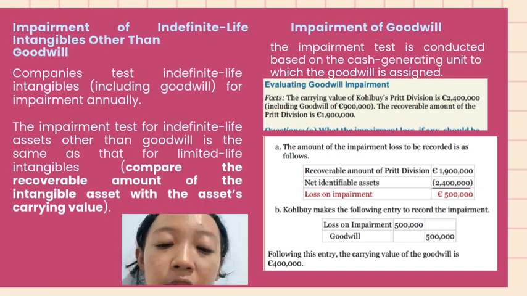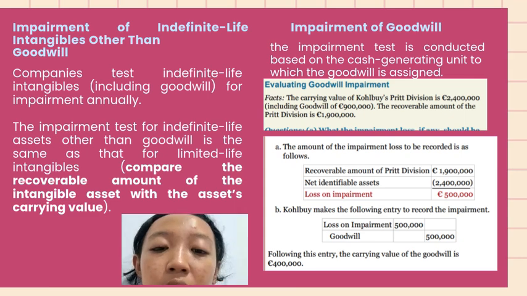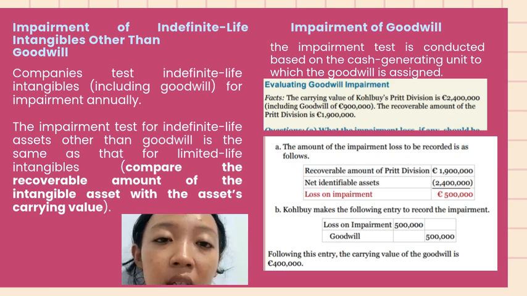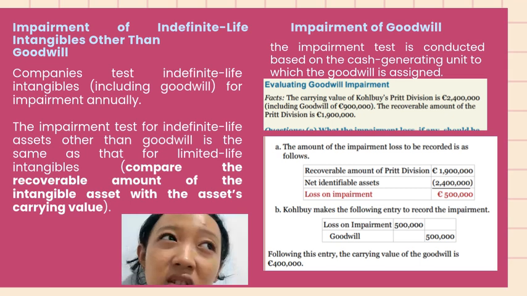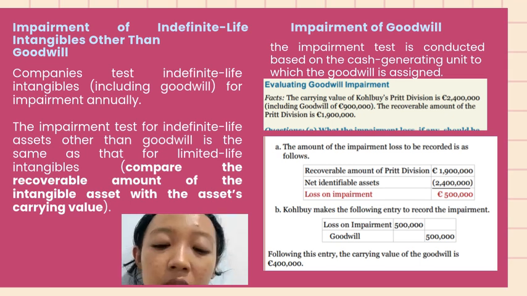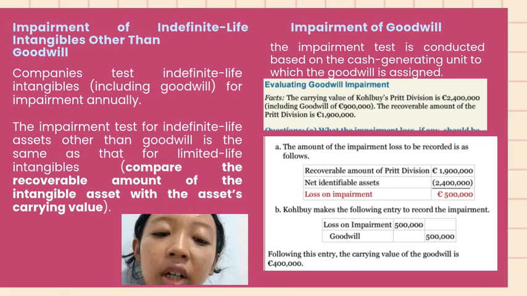We will move to the next one, which is impairment of indefinite life intangibles other than goodwill. A company that uses this test has an obligation to do it annually, at minimum once in each period. This is the key difference between this method and the previous one.